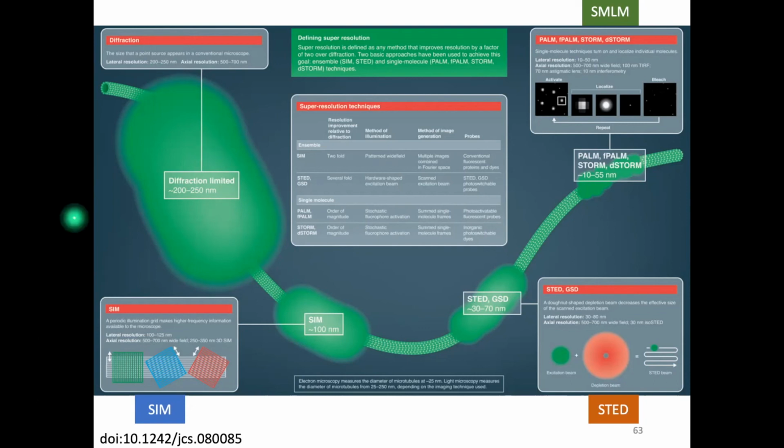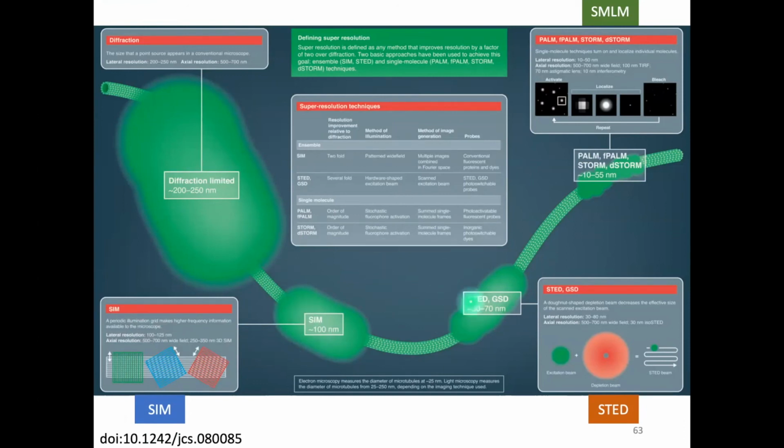Then we talked about structured illumination methods. So it's overlaying patterns of intensity of excitation light onto your sample, rotating that many times, and then mathematically deconvolving what is actually underneath. So this is giving you about a factor 2 in resolution.